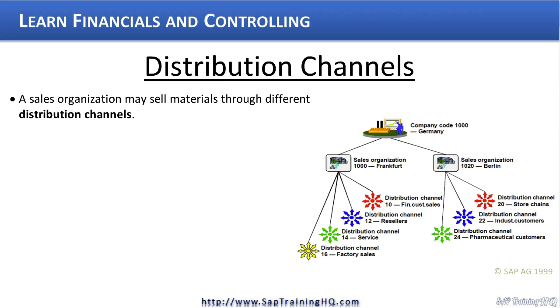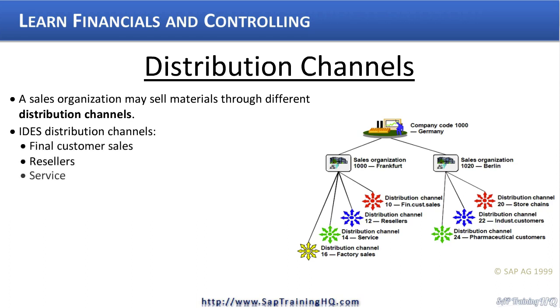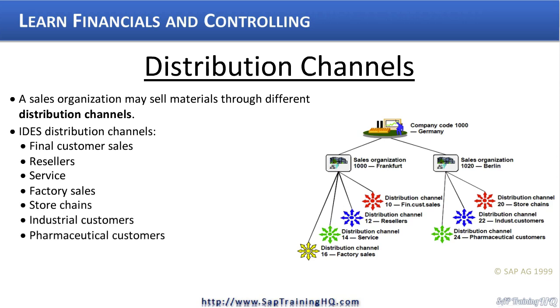Typically, distribution channels include wholesale, retail, and direct sales. The image on this slide shows the IDAS distribution channels in Germany. These are customer sales, resellers, service, factory sales, store chains, industrial customers, and pharmaceutical customers.